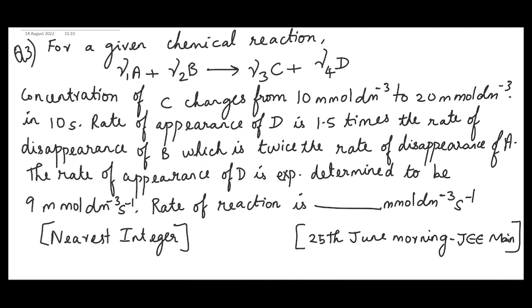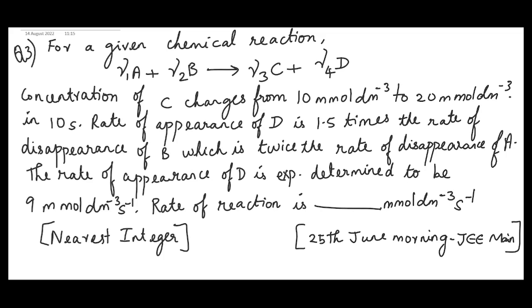So this is our next question. Now the equation is given to be gamma 1 A plus gamma 2 B gives gamma 3 C plus gamma 4 D. This is a chemical reaction. They have also given that the concentration of C changes from 10 to 20 in 10 seconds. Now we can find dC by dt from here.